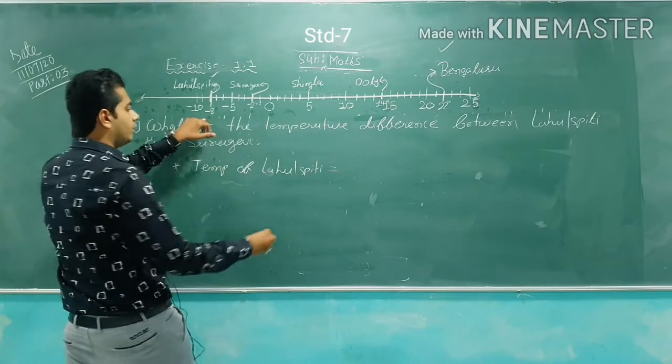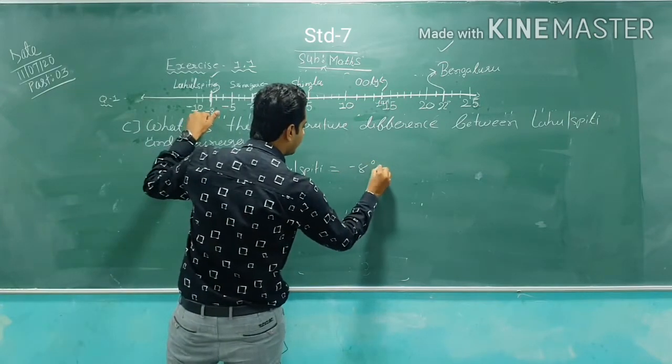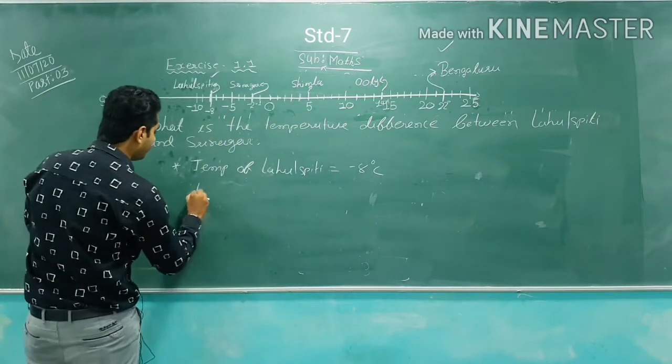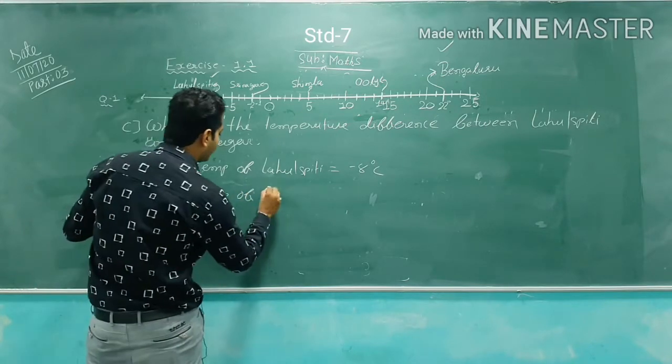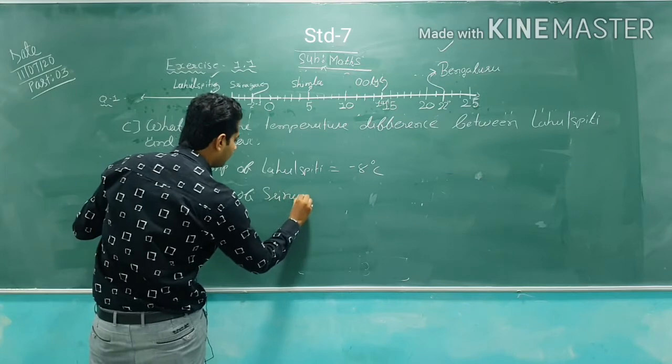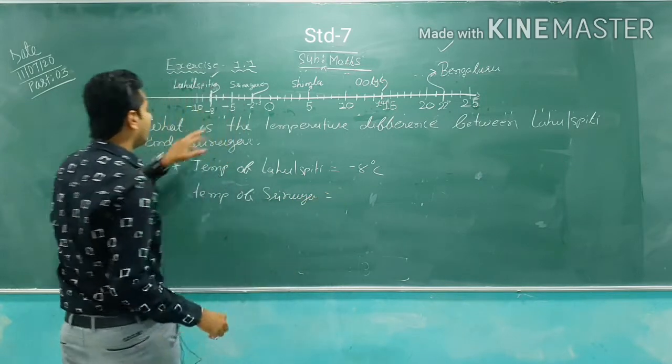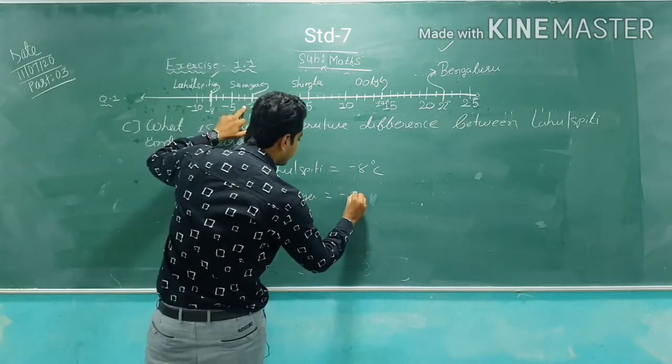The temperature of Lahaul Spiti is minus 8 degrees Celsius and the temperature of Srinagar is equal to what? Minus 2 degrees Celsius.